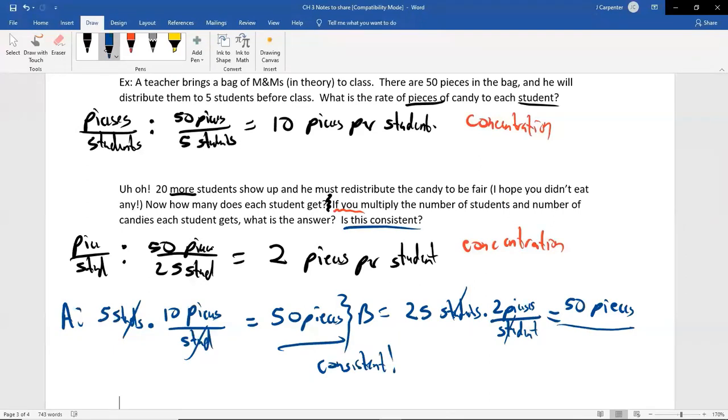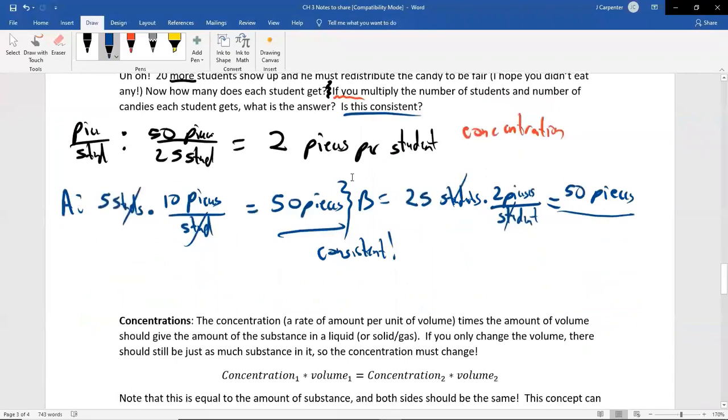What is the point of all of this candy nonsense? What's the point of this concentration stuff? Usually when we talk about concentrations of something, it's not as fun as candy and students. We're talking about a pollution over a volume of gas, or a water pollutant over a volume of water, or maybe a concentration of just any kind of chemical in a bed of water or some other thing.